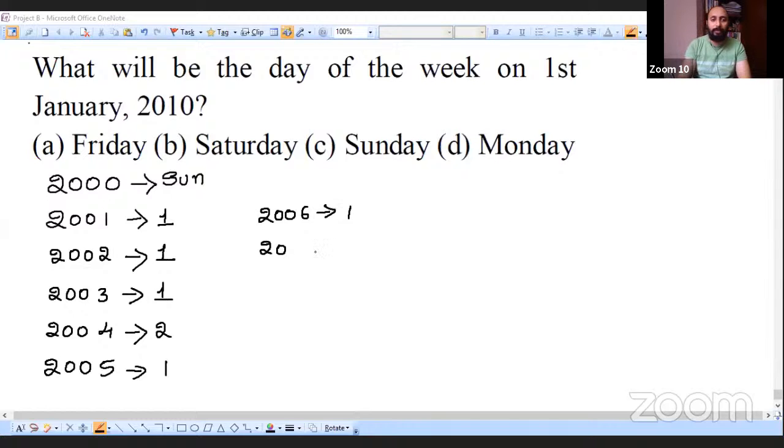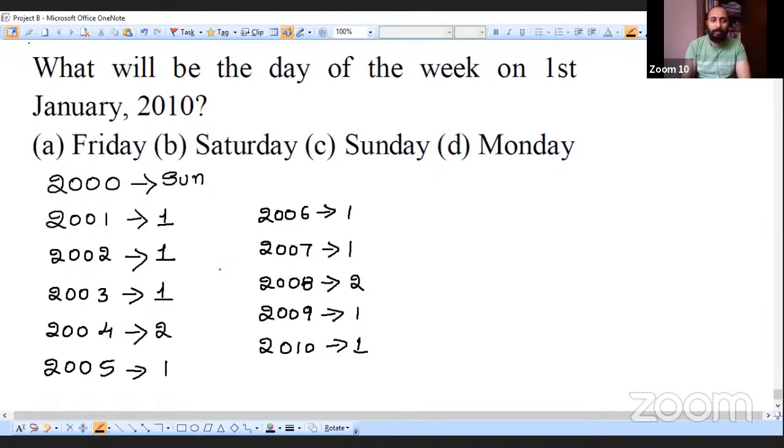2007, one odd day. 2008, two odd days. Very good. 2009, one odd day. 2010, one odd day.